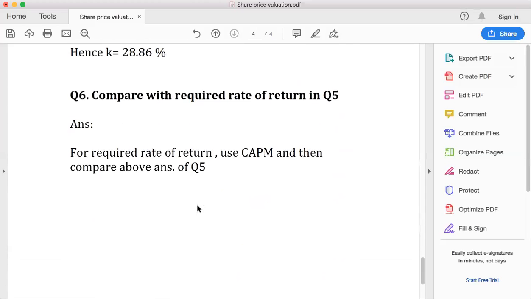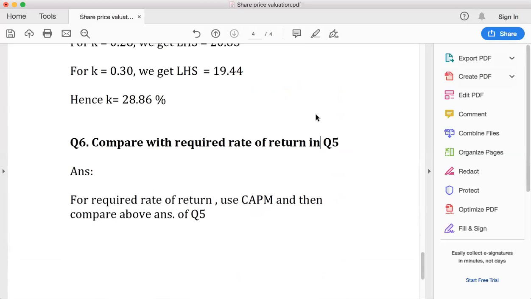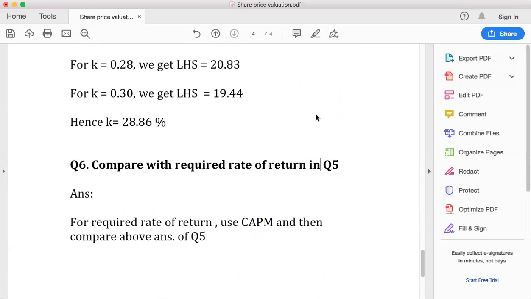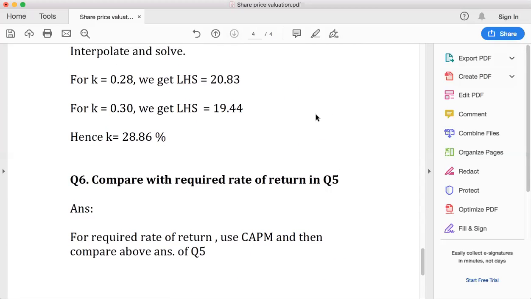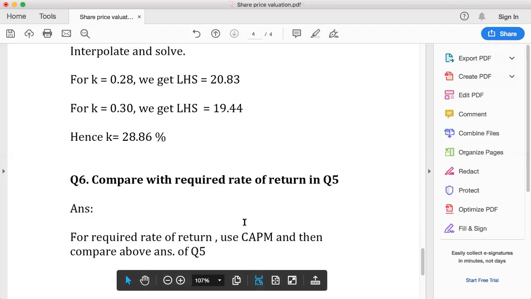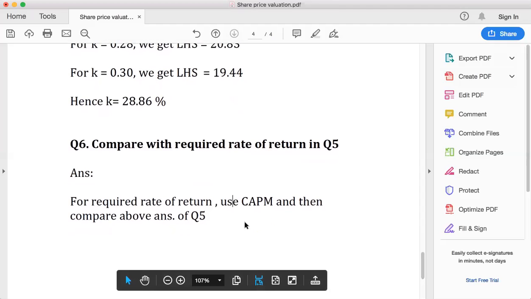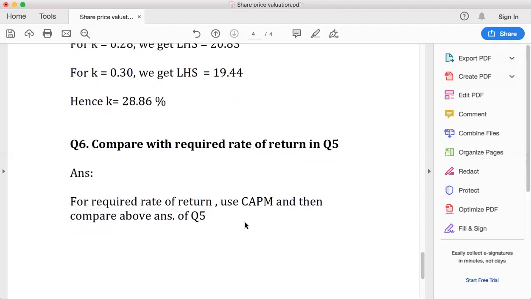Fine. Now the question arises whether this required rate of return, or IRR, that we got is actually the required rate of return. So see, the required rate of return is a return which an investor should expect given the beta of the stock from the market, and given the risk-free rate and the market rate. So if you plug in those values, the RF, RM, and the beta, you get the required rate of return.